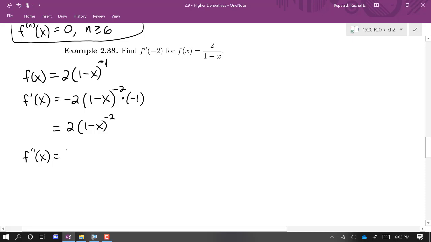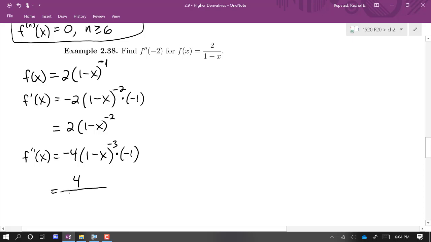So I'm going to bring down the -2. We get -4 times 1 minus x to the -3rd power. And again times a -1 for the chain rule. And we get +4. And I'm going to write this, because we're going to evaluate it, I'm going to write it without negative exponents.